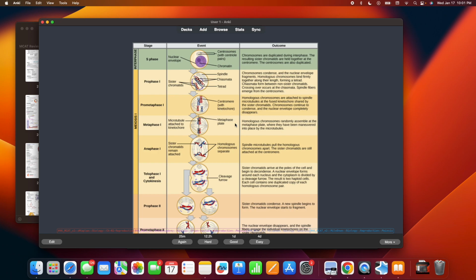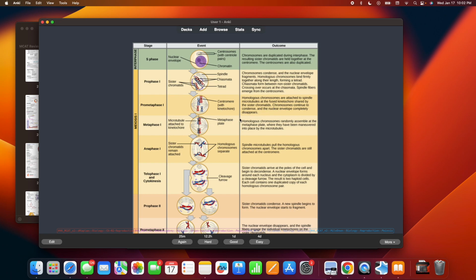So back at it here, the kinetochore is just like this structure that happens at the centromere, and it happens in the metaphase. So the chromosomes continue to condense, and the nuclear envelope completely disappears.